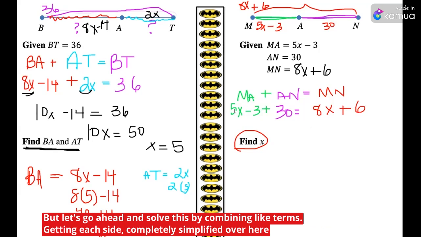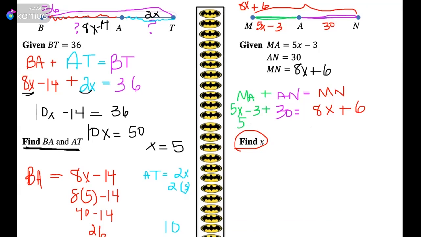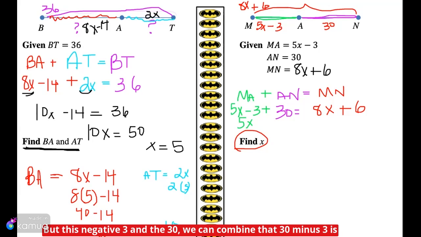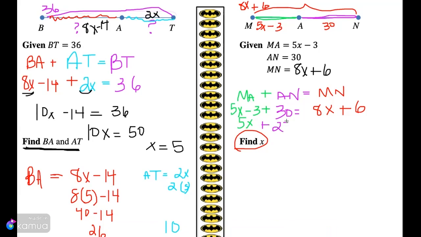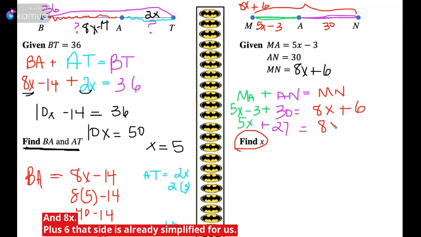Over here, 5x is the only x, so we'll leave that alone for now. For this -3 and the 30, we can combine that. 30 minus 3 is positive 27. And 8x plus 6, that side is already simplified for us.